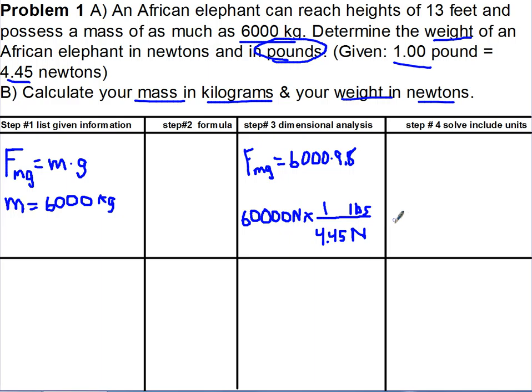So I will let you go ahead and do that math on your own, and you can come up with the answer. Now the next part here, part B, we'll do that one down here. It says your mass in kilograms and your weight in newtons. Most of you will know your weight in pounds. So the first step will be to convert your weight from pounds into newtons, and you will do that just exactly. Let's say you weigh 100 pounds.